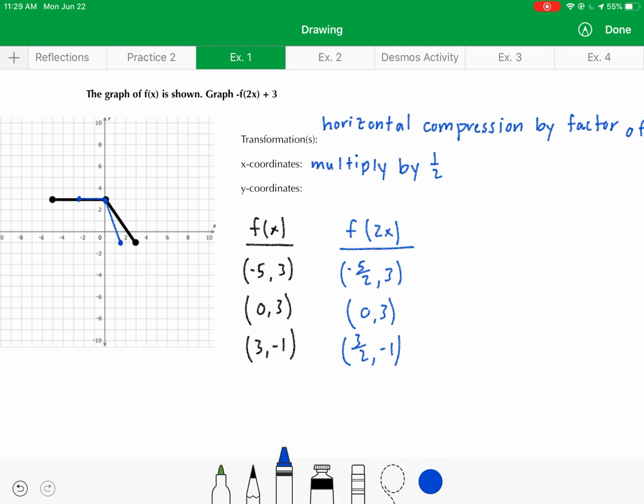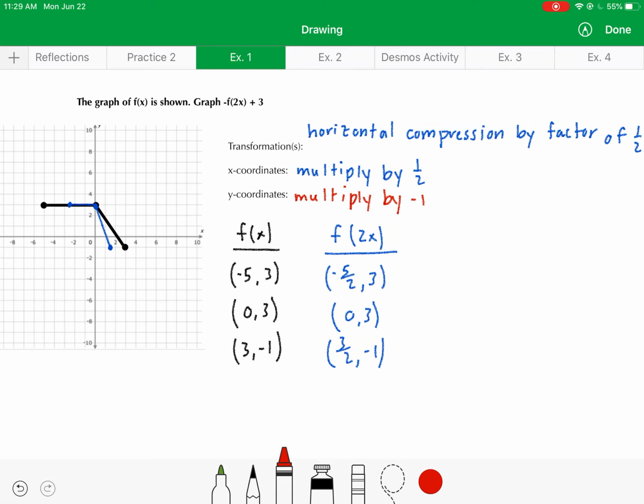Okay. All right, now we're going to move to the negative that is outside of f. Anytime we're outside, we're having an effect on our y coordinates, and it's exactly how it appears. So the y's are being multiplied by negative 1. And we've learned that this is going to give us a reflection across the x-axis. Okay, so now we've got a third column to represent the graph of negative f of 2x.